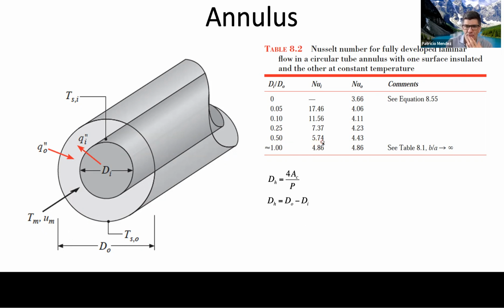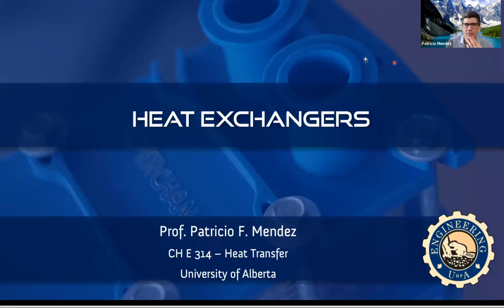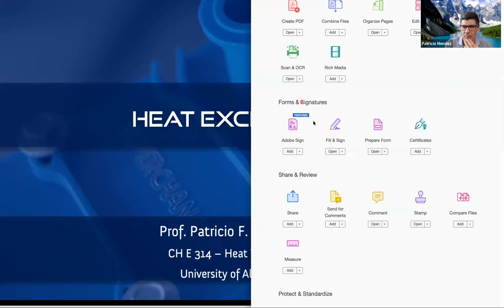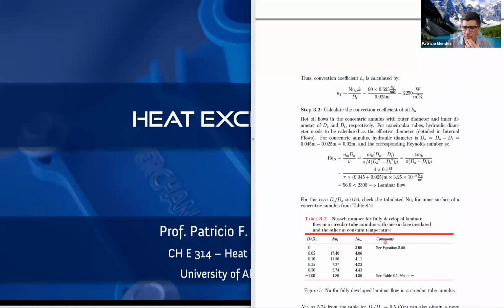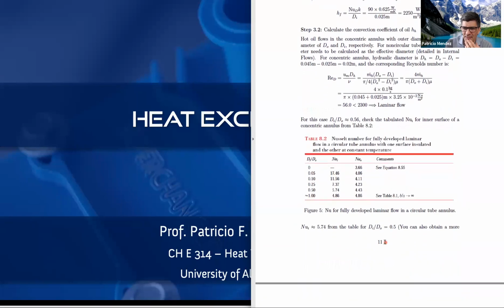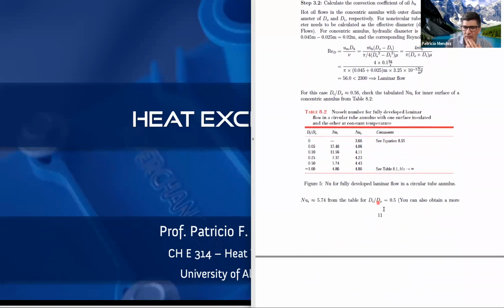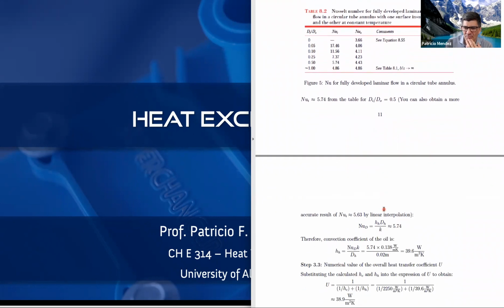And if you do 0.5, we would get a Nusselt number of 5.74. If we have 5.74, we unpack it, and from there we get a convection coefficient h that is 39.6.